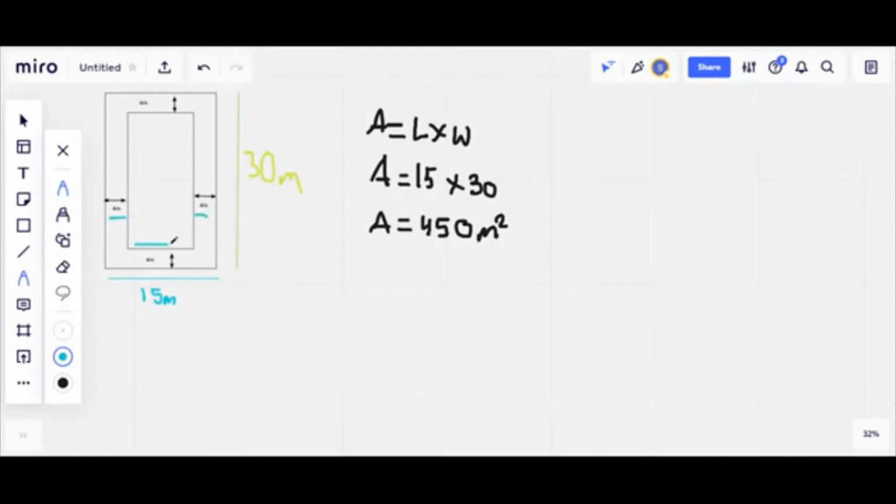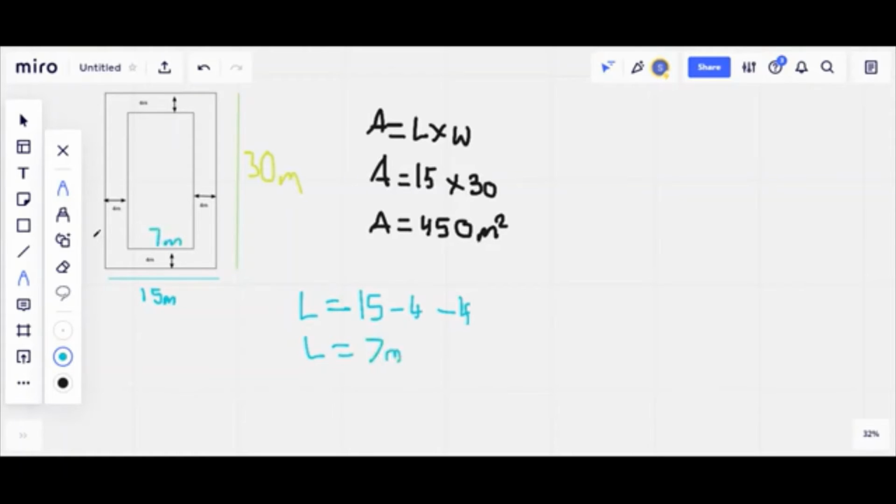So to find this side length here, we need to let's go with length is equal to 15, because that's what we know, minus 4, and then we need to minus another 4, which means our length will be equal to 7. So 7 meters.